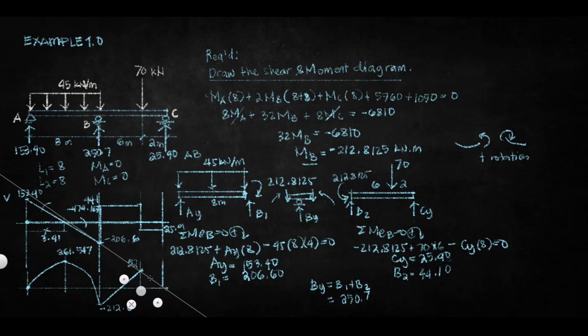So, meron 0.2. We can take that as approximately equal to 0. Okay, so ito yung magiging shear diagram po natin. Shear diagram.